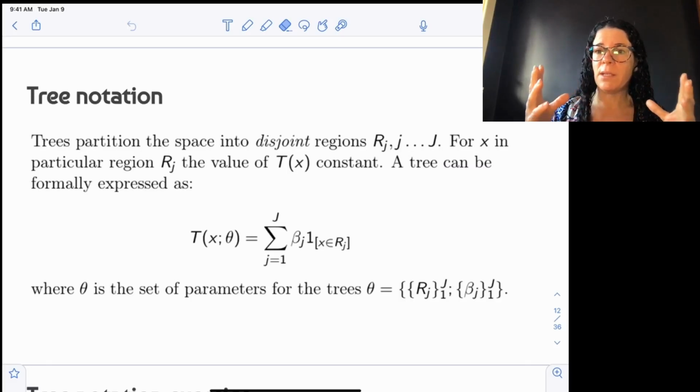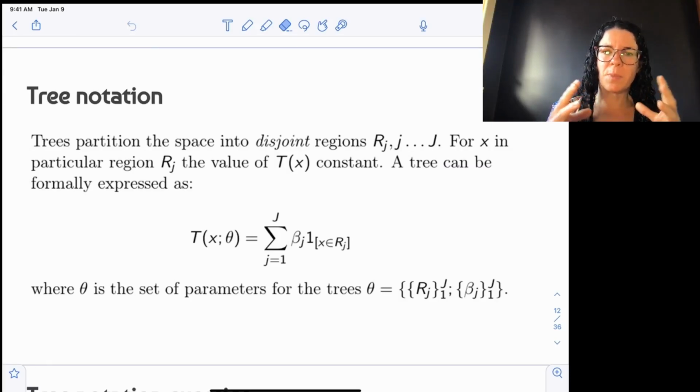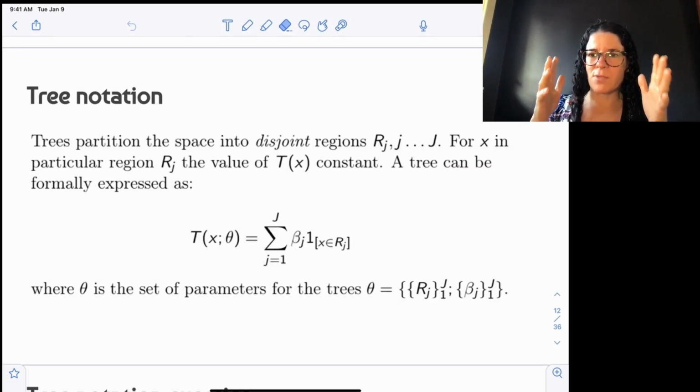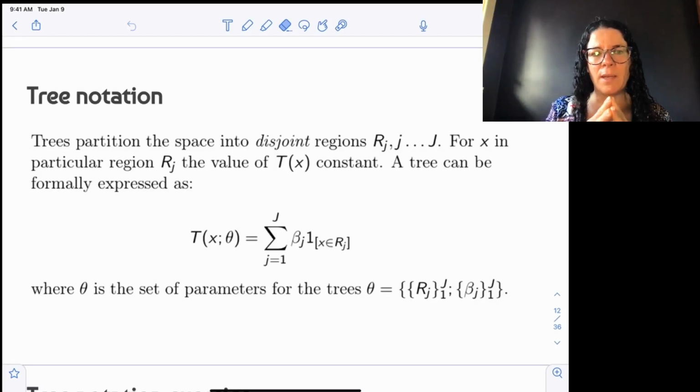In this case the space is R^D, since you have D variables, and the trees divide the space into disjoint regions that we're going to call R_j, for j equal to 1 to capital J. These regions are like hyper rectangles, a generalized version of rectangles. And for a point in a particular region, the value on that region is constant.